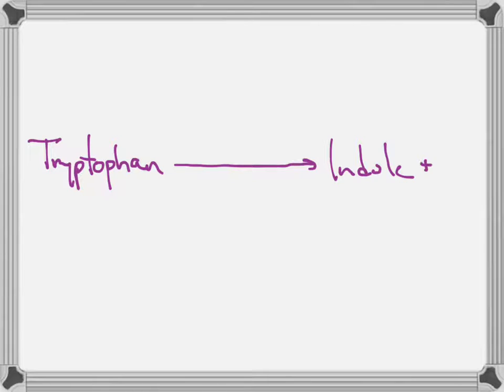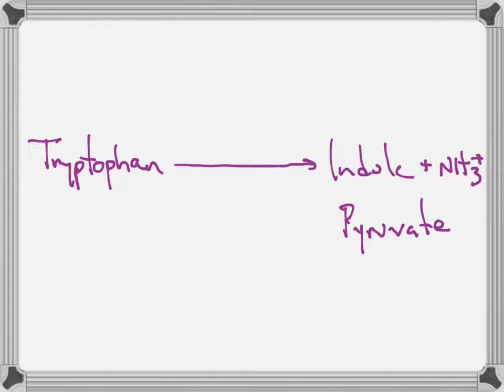Another is ammonia. And the third product is one we know, pyruvate. So in this process, the breakdown of tryptophan, we get three products.